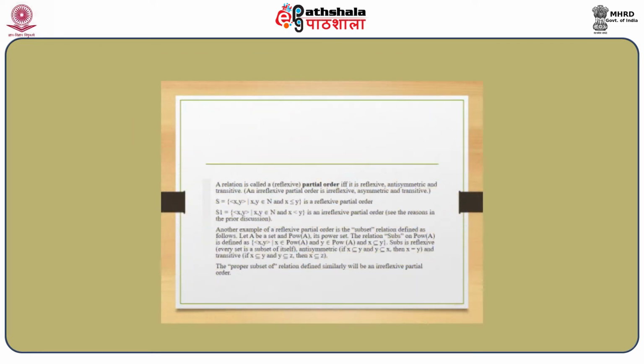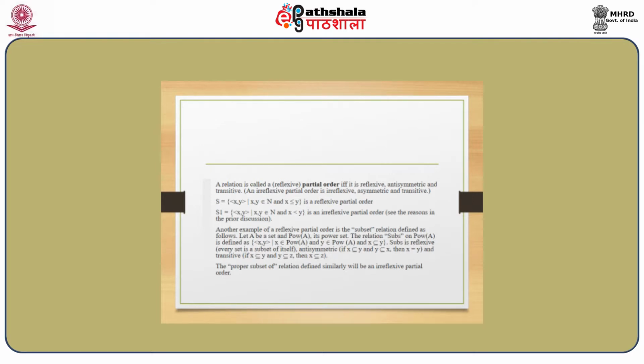A relation R is called a reflexive partial order if and only if it's reflexive, antisymmetric, and transitive. An irreflexive partial order is irreflexive, asymmetric, and transitive.